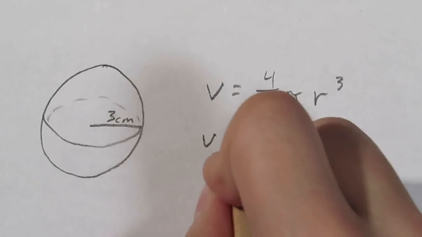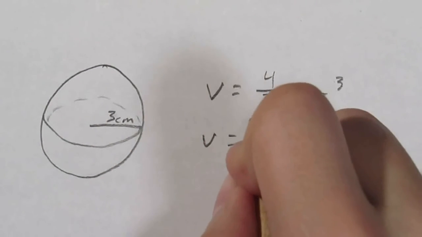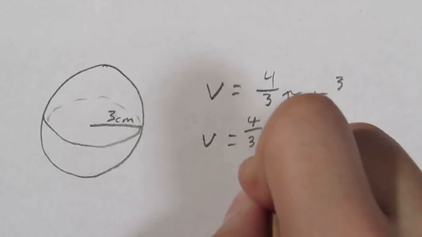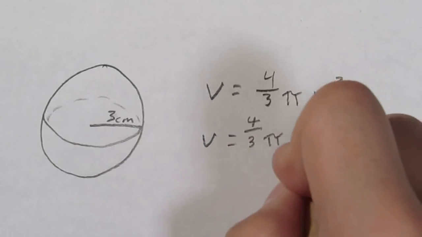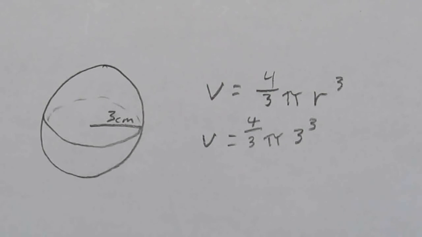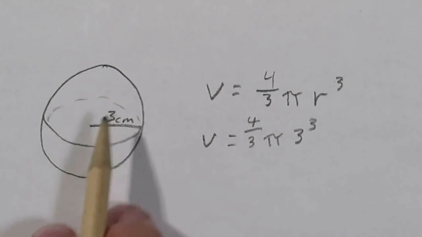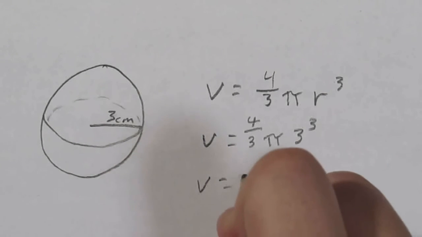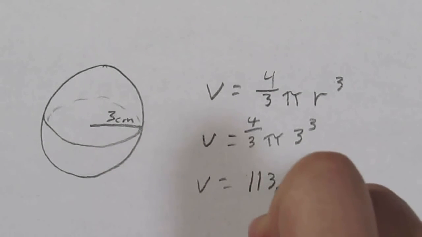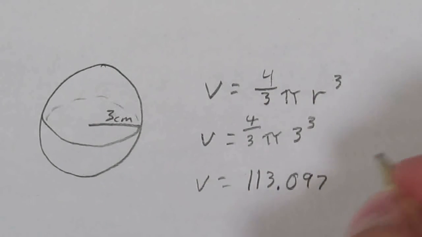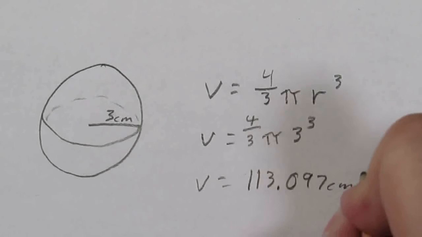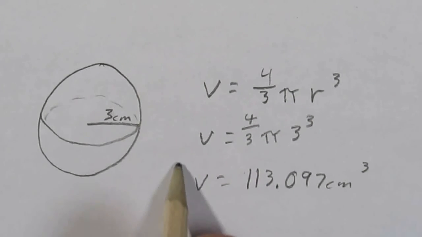So V equals 4/3 pi 3 cubed. So in this example, the volume of this sphere is going to be equal to 113.097 centimeters cubed. Simple enough.